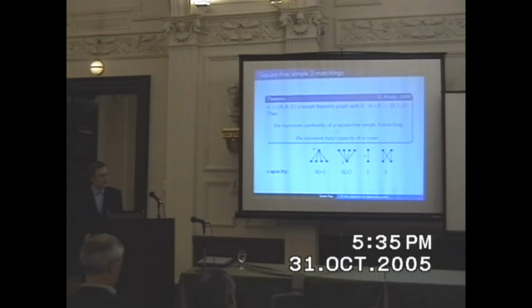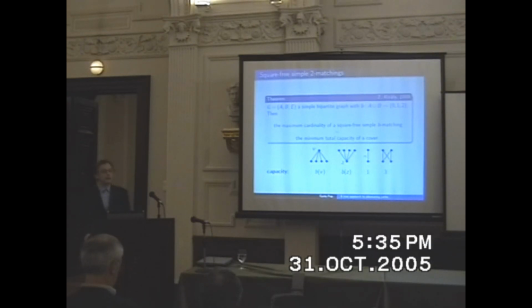Later, Zoltán Király proved that this optimum is also attained by an integral cover. Here we use stars, single edges, and capacity 3 squares in a cover.